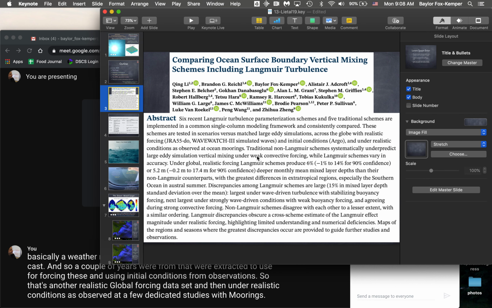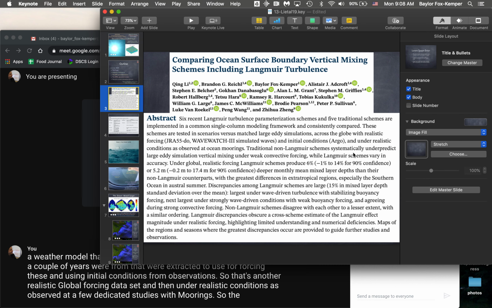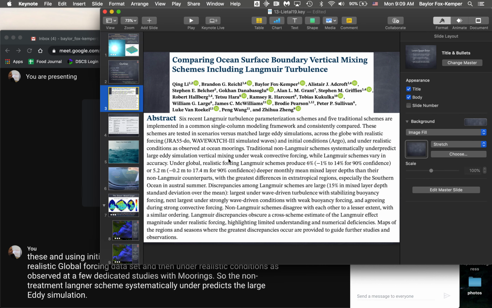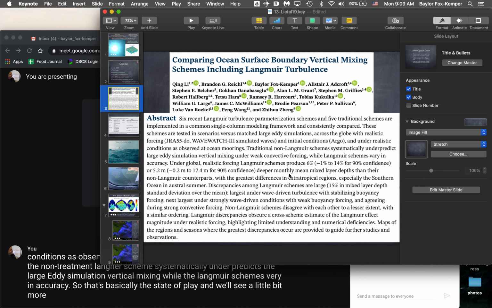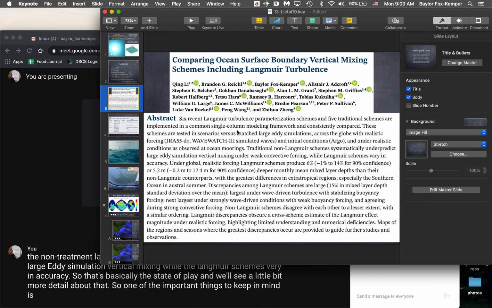So the non-Langmuir scheme systematically underpredicts the large eddy simulation vertical mixing, while the Langmuir schemes vary in accuracy. So that's basically the state of play, and we'll see a little bit more detail about that. One of the important things to keep in mind is that in the single column modeling framework, we don't actually know what the impact would be in a climate model.